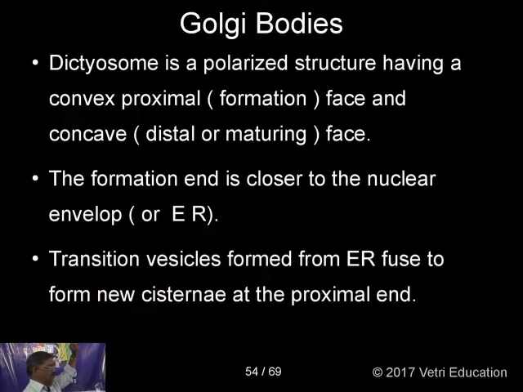Transition vesicles formed from the endoplasmic reticulum fuse to form new cisternae at the proximal end. The vesicles are attached at the ends.